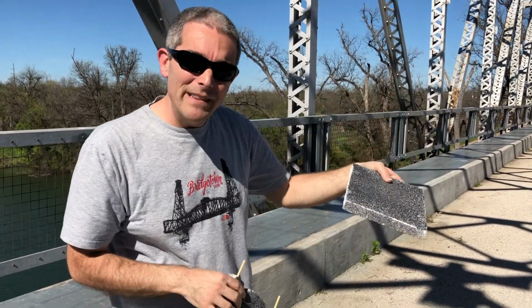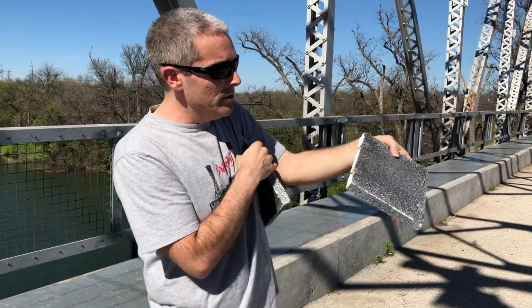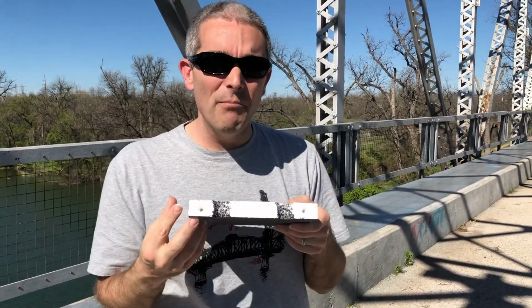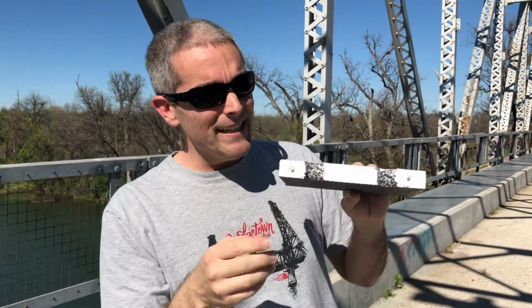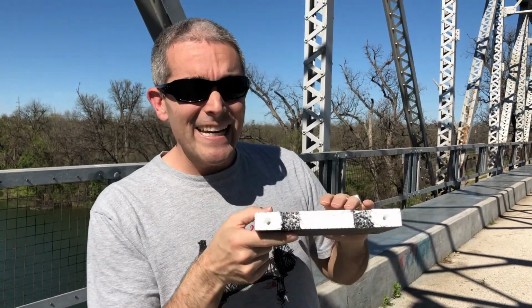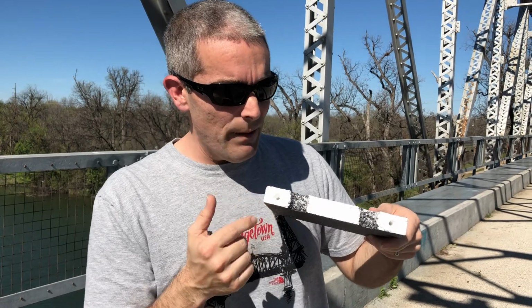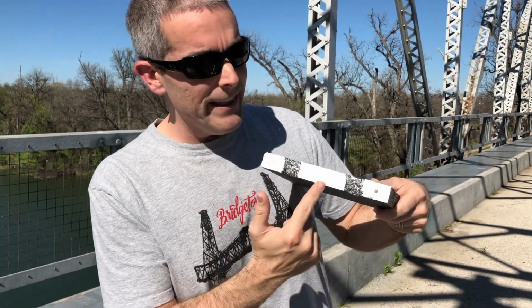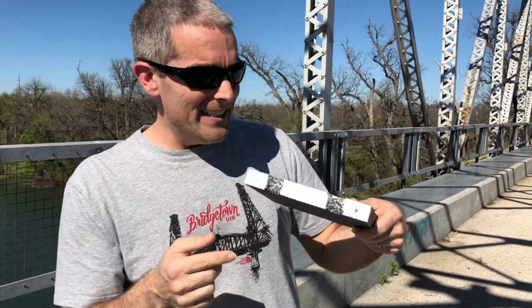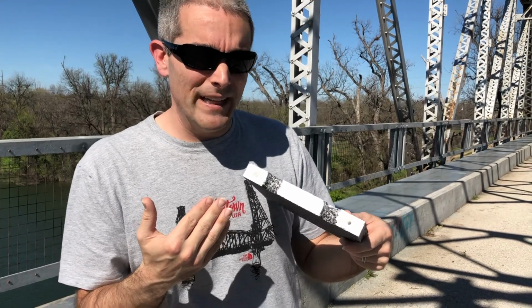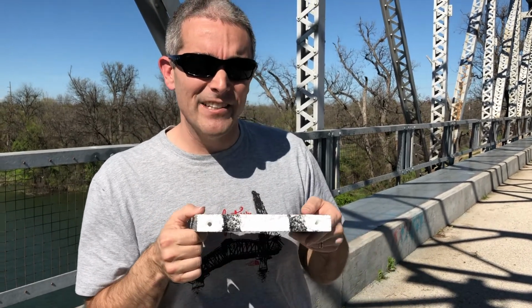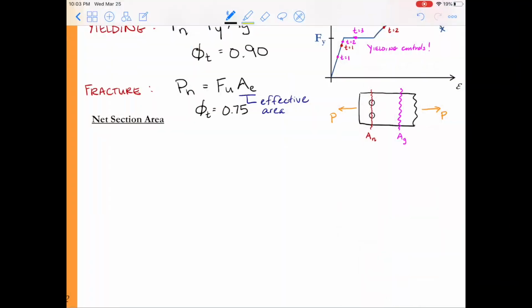Now, when we're coming up with the capacity of that, we have to use this reduced cross-sectional area. So basically, the net section area for this particular member is going to be the area that you see in white here. And so all we're going to do is come up with a formula that describes that cross-sectional area. This is where we get to put your engineering graphics skills to the test.